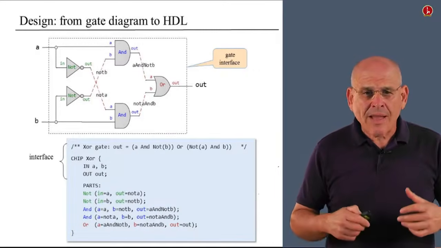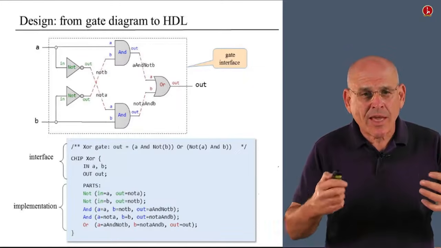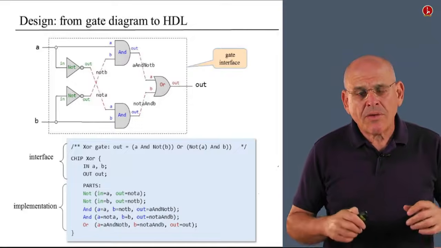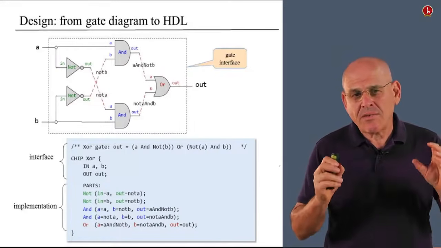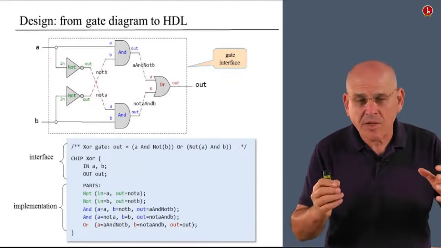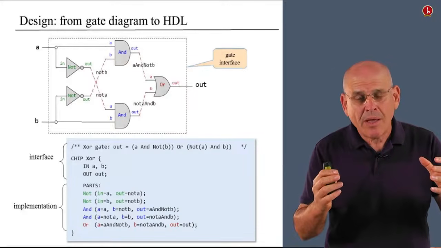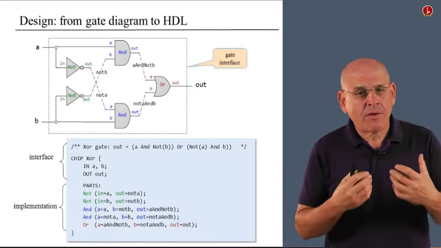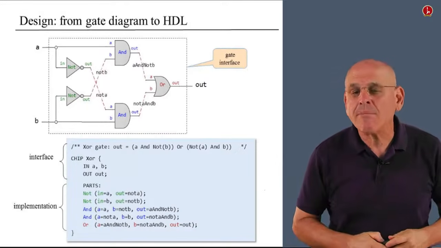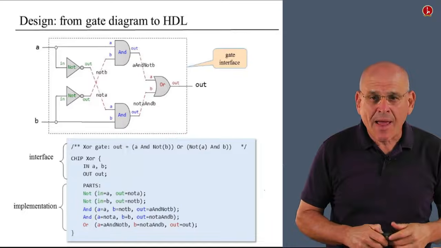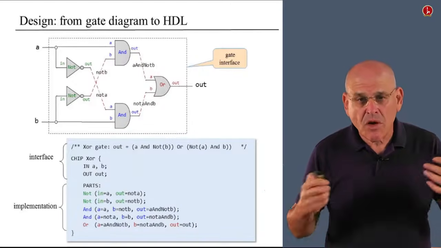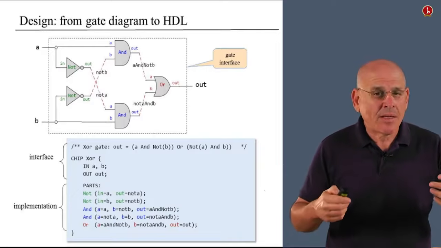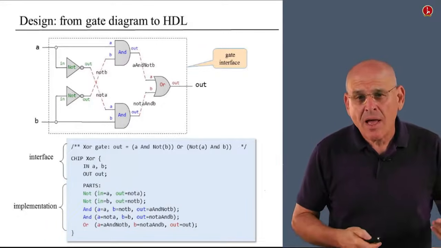I'd like to note that once again we have interface and implementation, and the interface of the chip is unique. There's only one way to describe this chip, and this is typically given to us by whoever commissioned us to implement it. At the same time, the implementation is not unique, and the same interface can typically be implemented in many, many different ways.